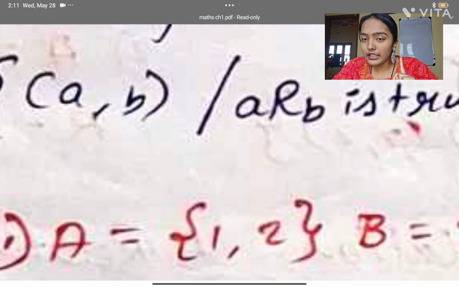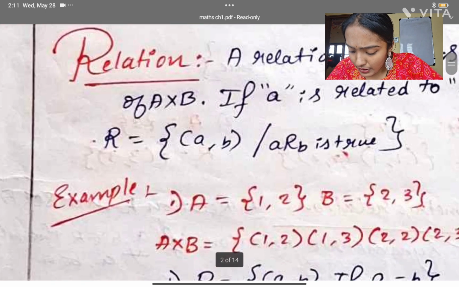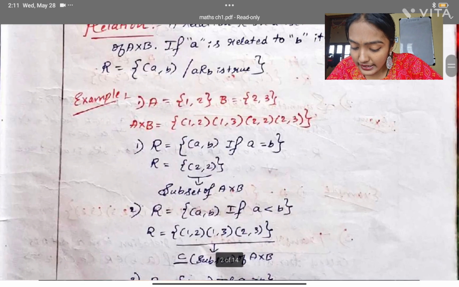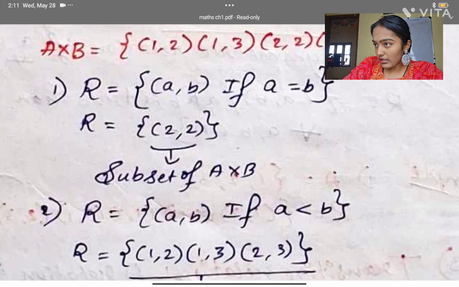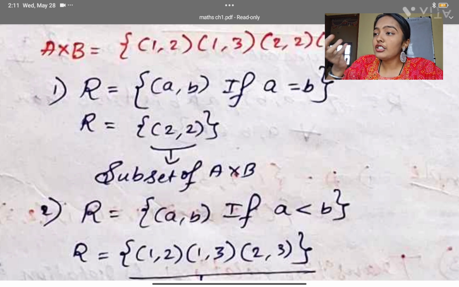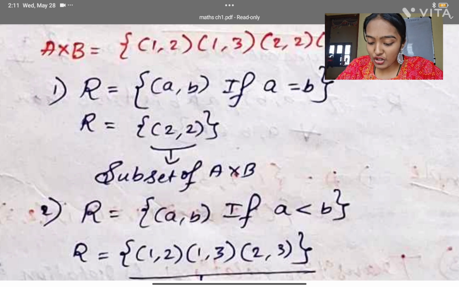Mostly they ask about finite sets, so remember that. Relation is basically specification. We take the Cartesian product we got, and then we specifically take out the subset which is relevant to the relation.